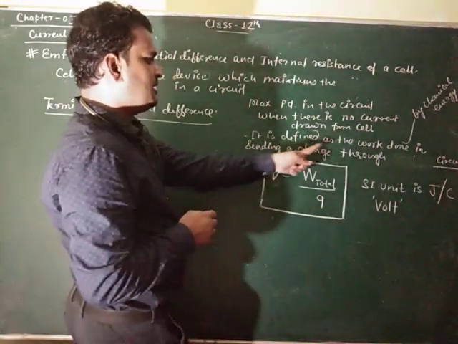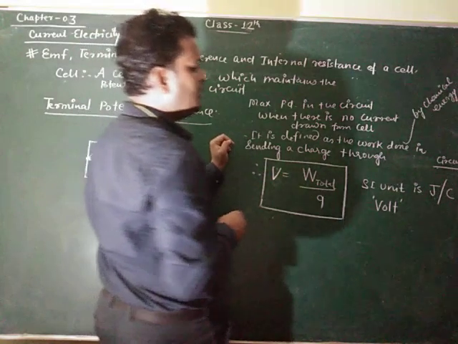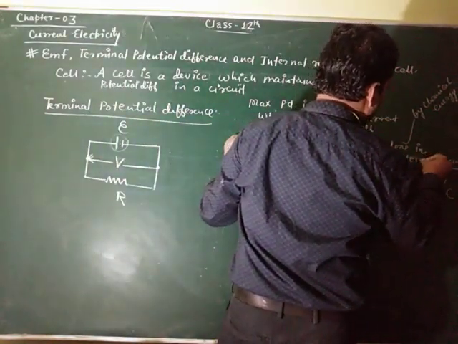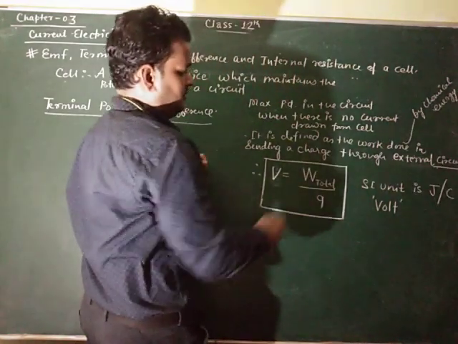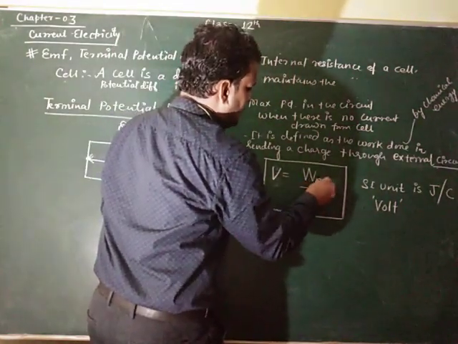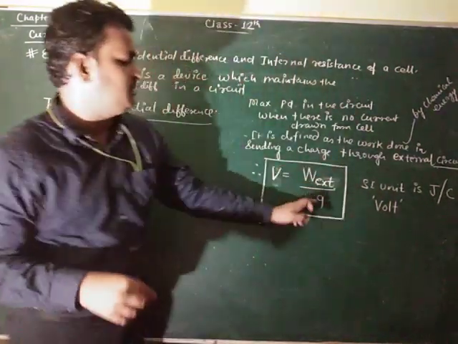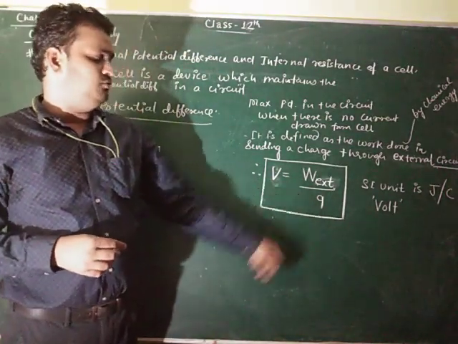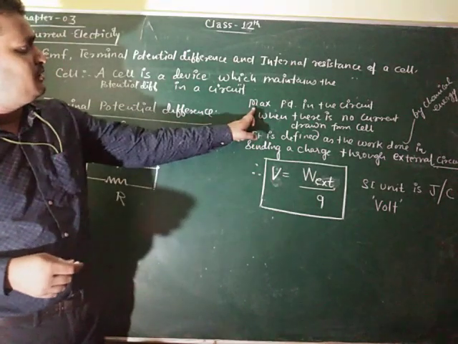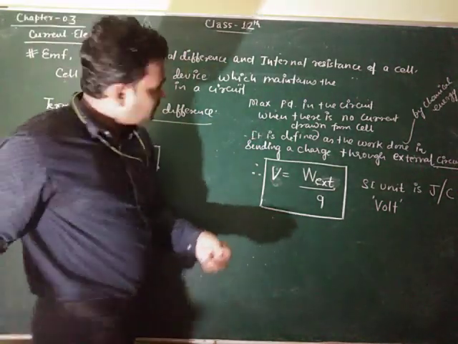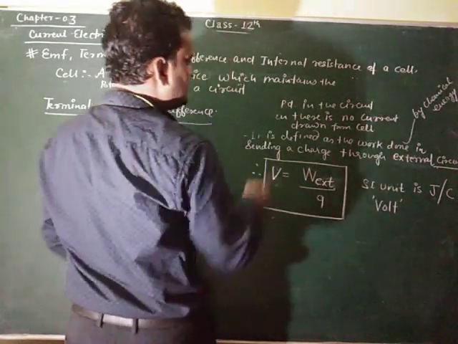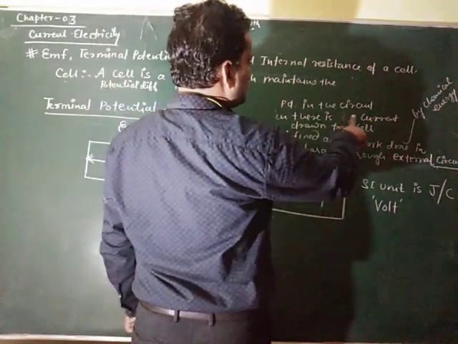The definition is the work done by the chemical energy, all the same, but we have to change it here only. It is defined as the work done in sending a charge through the external circuit only. This is W external divided by Q. Voltage is equal to W by Q. And it is again another definition. In other words, this is the potential difference in the circuit when there is some current.